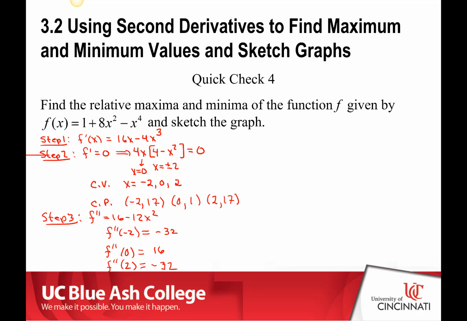Is that a max, min? It's a maximum. Okay, so it's going to be a relative maximum. X equals 0 is going to be a relative minimum, isn't it? X equals 2 is going to be a relative maximum.